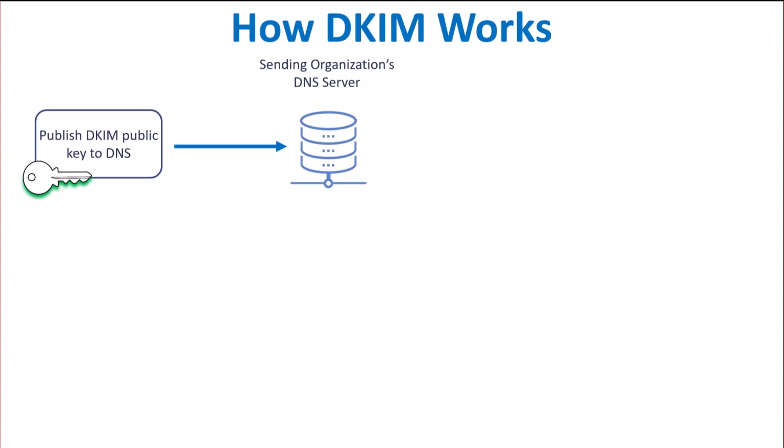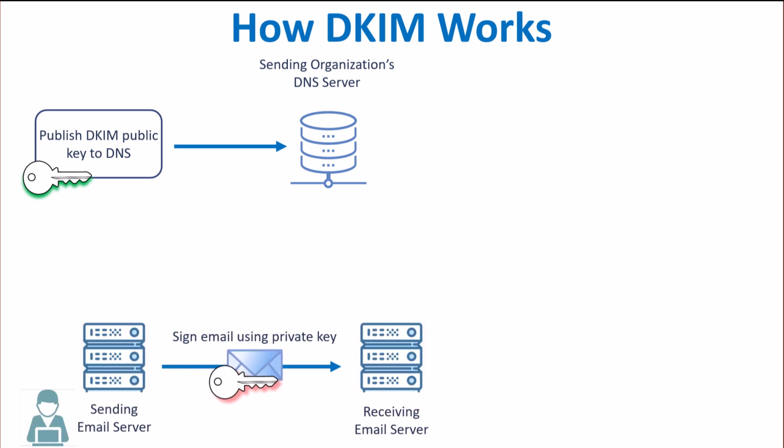The next protective measure you can take to protect against outbound spoofing is to configure DKIM, or DomainKeys Identified Mail. The way DKIM works is you publish a DKIM public key to your DNS records, and then when an email is sent from the mail server, let's say in this case MDaemon, that message is signed with the corresponding DKIM private key.